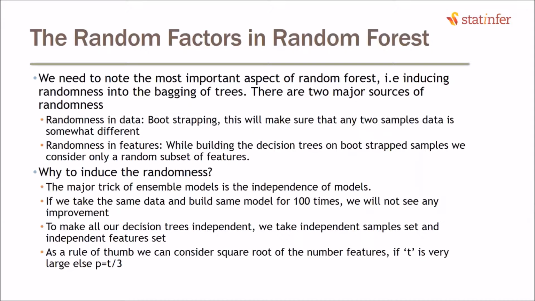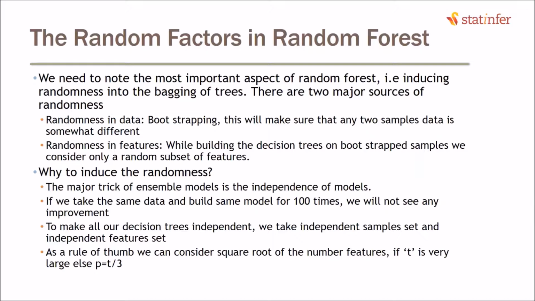The randomness in random forest is the major point that we need to look into once again: the random factors in random forest. The most important aspect of random forest is including randomness into the bagging of trees. There are two major sources of randomness.